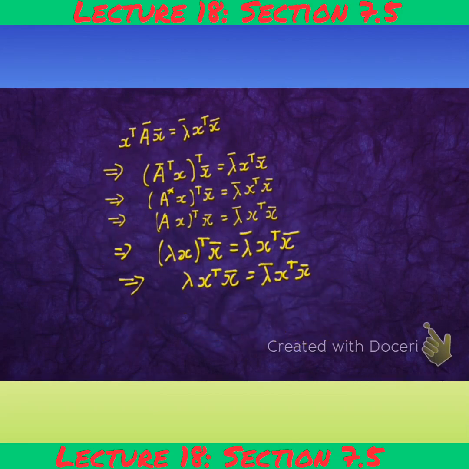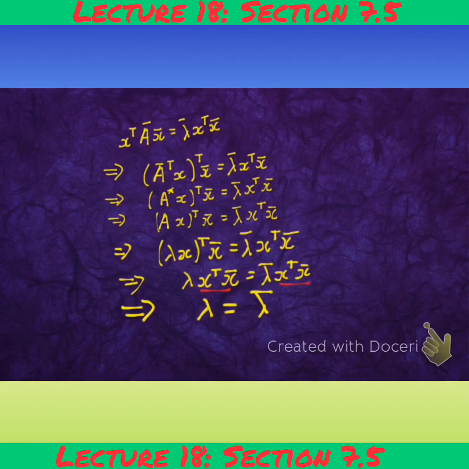So from there we can easily say that lambda must be the same as lambda bar. This implies that lambda is the same as its conjugate, so therefore lambda must be real.